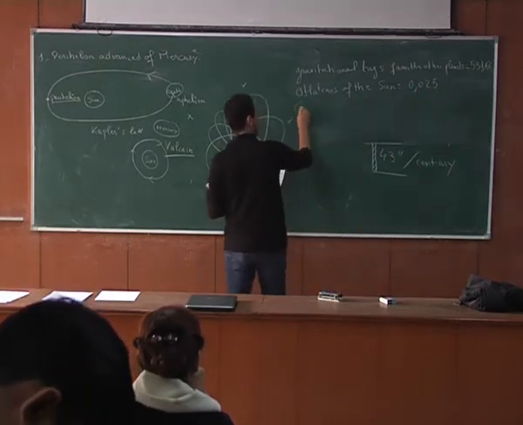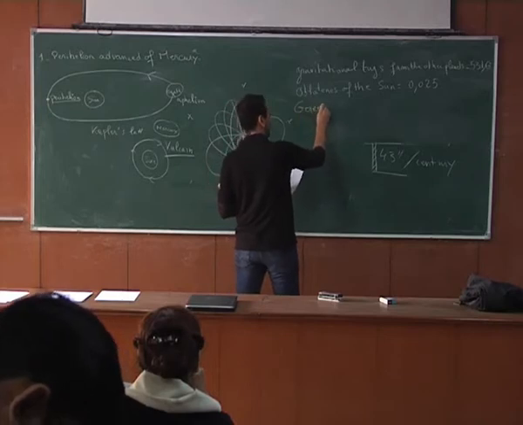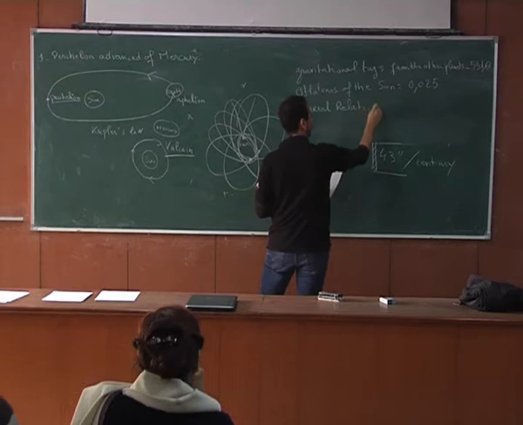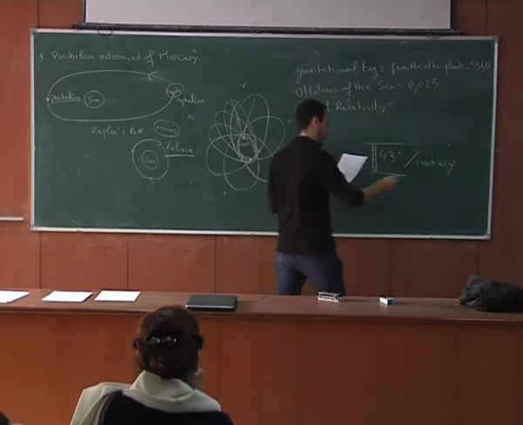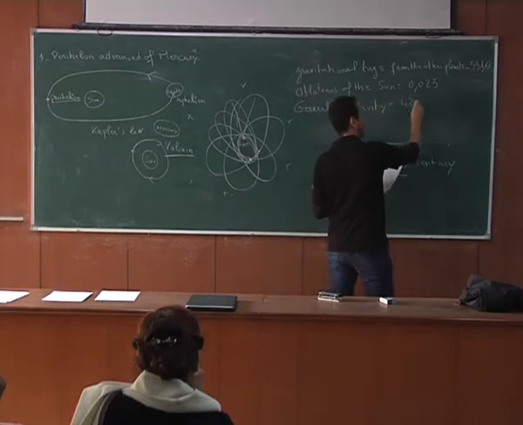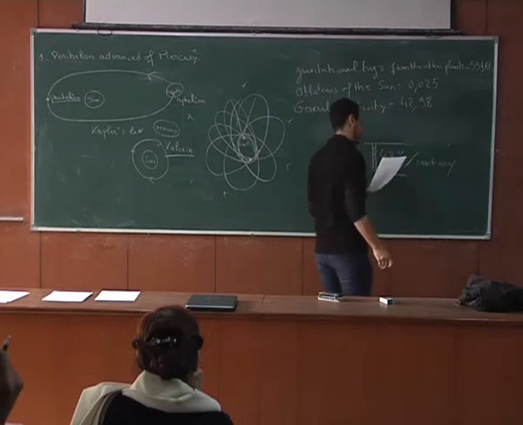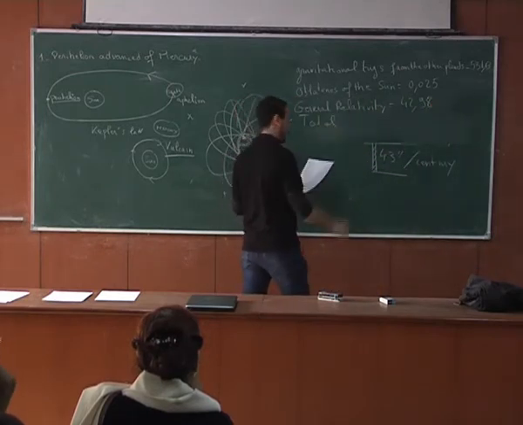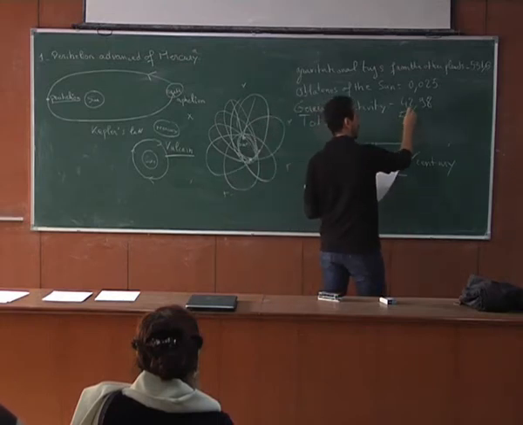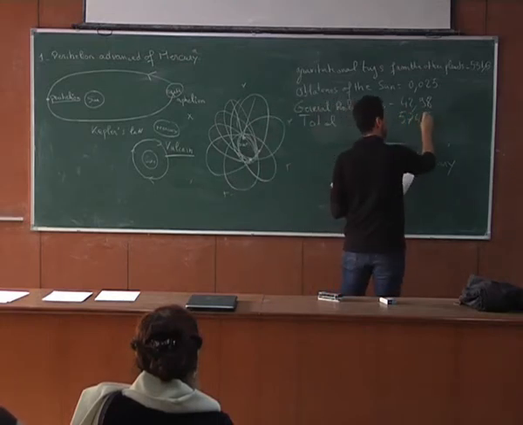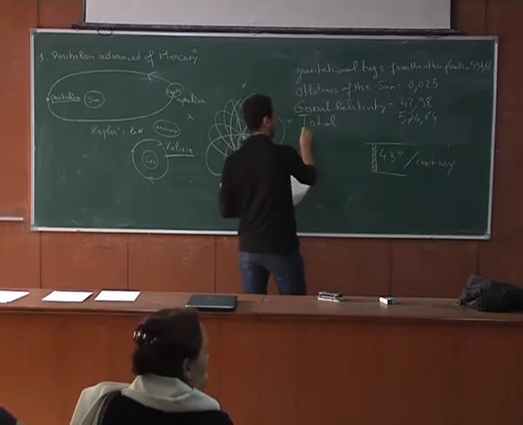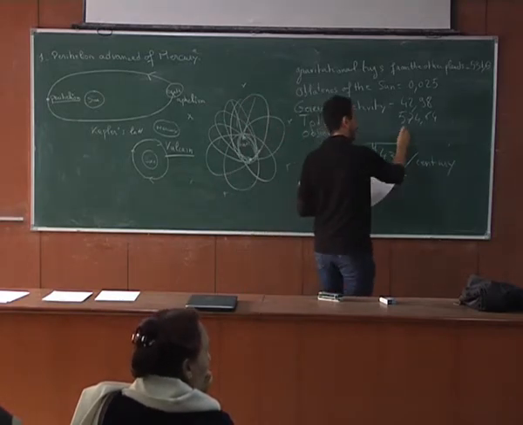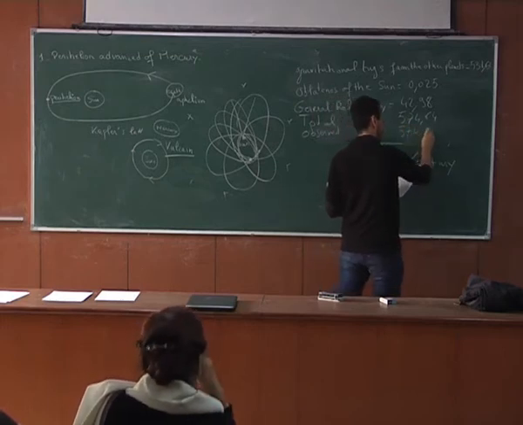Then there is the effect by general relativity, which is bringing some correction to that, and you get 42.98. So then you have the total of all this, and the total is 574.64, and what is observed, you get 574.10.